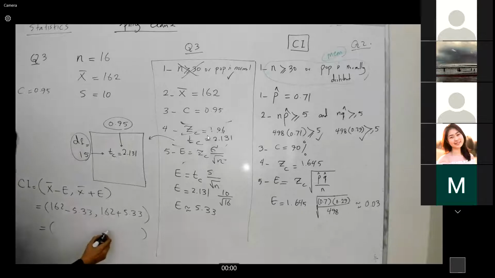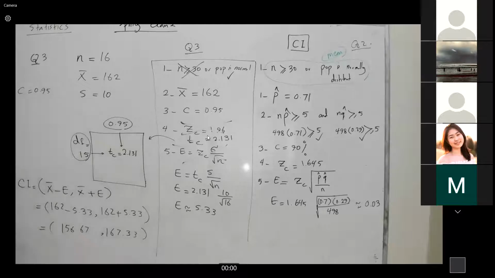So let me see, 167.33. And if you do the subtraction, what do you get? 156.67. Thank you so much. This is your confidence interval.